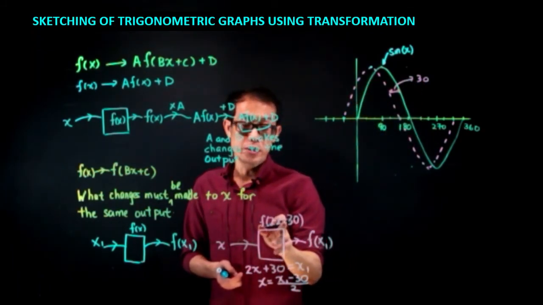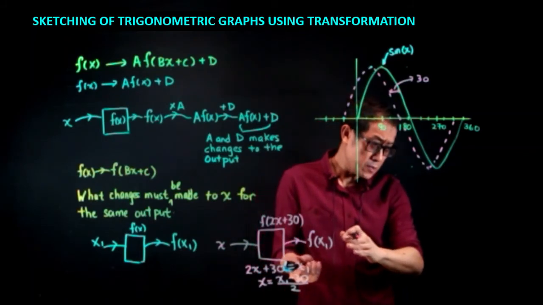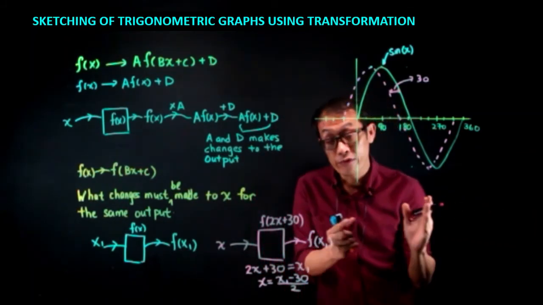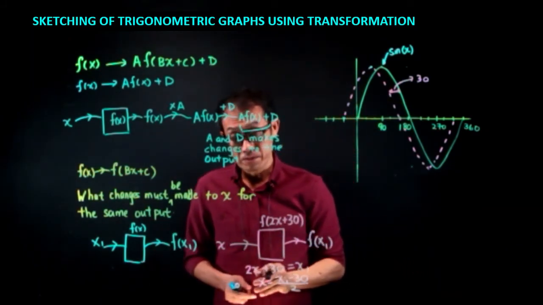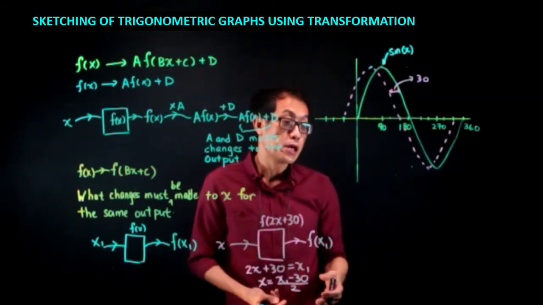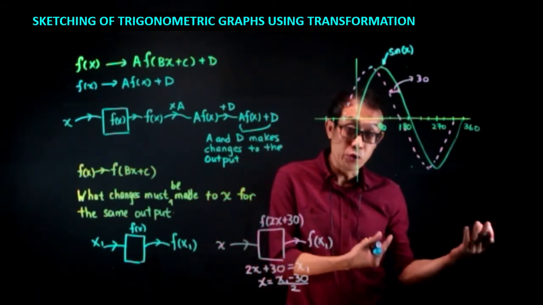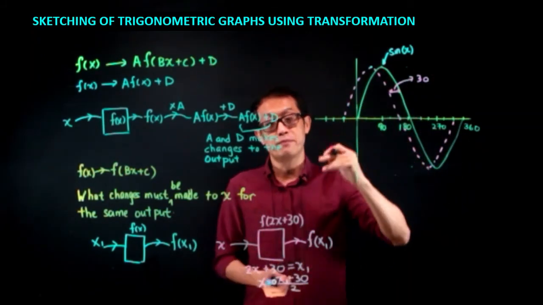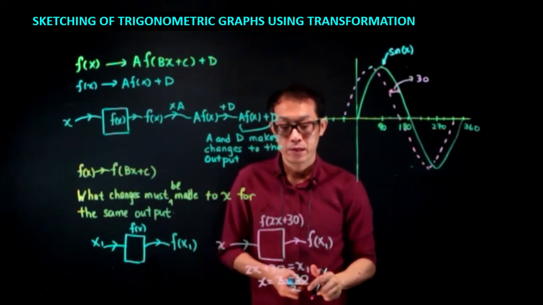Then look at the equation plus 30. You feel that it should shift to the right. No, it should shift to the left because of plus 30. Now 30 less than whatever input I put earlier is good enough to get the same value of y. So the graph must shift to the left by 30.